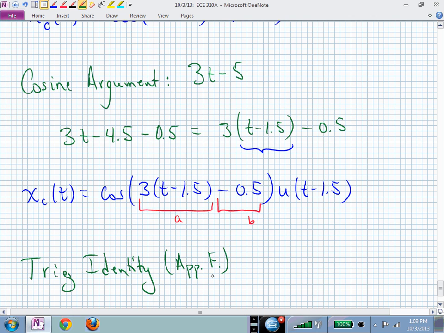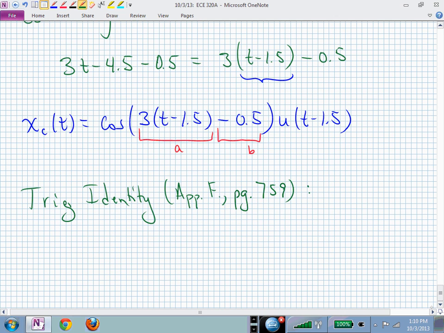If you're following along in your textbook, that's in Appendix F, page number 759. I believe it's the second trig identity that says the cosine of a plus b, and maybe you have this memorized, do you?